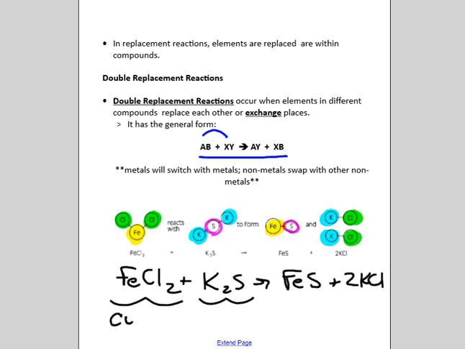Anytime we have a compound plus another compound, we have a double replacement reaction. You notice that the green chlorines are now attached to the blue potassiums, and the yellow iron is now attached to the red sulfur. We have had them trade partners. So this is the nature of a double replacement reaction.